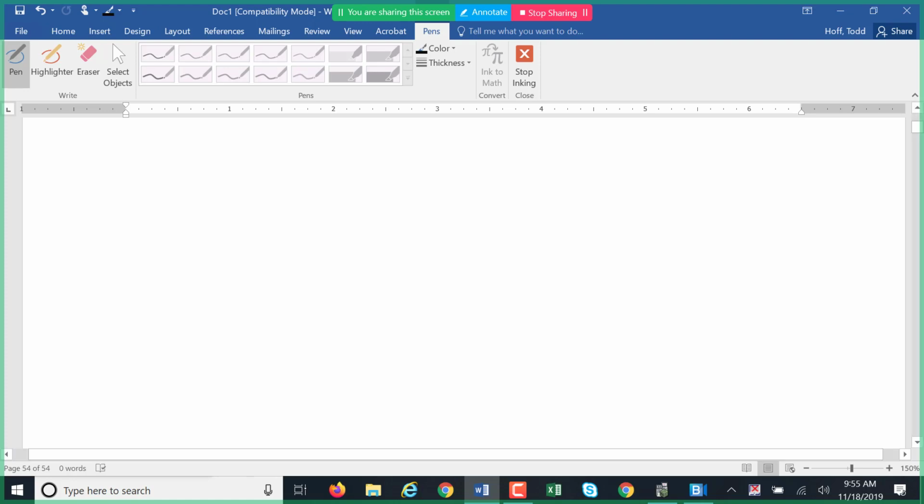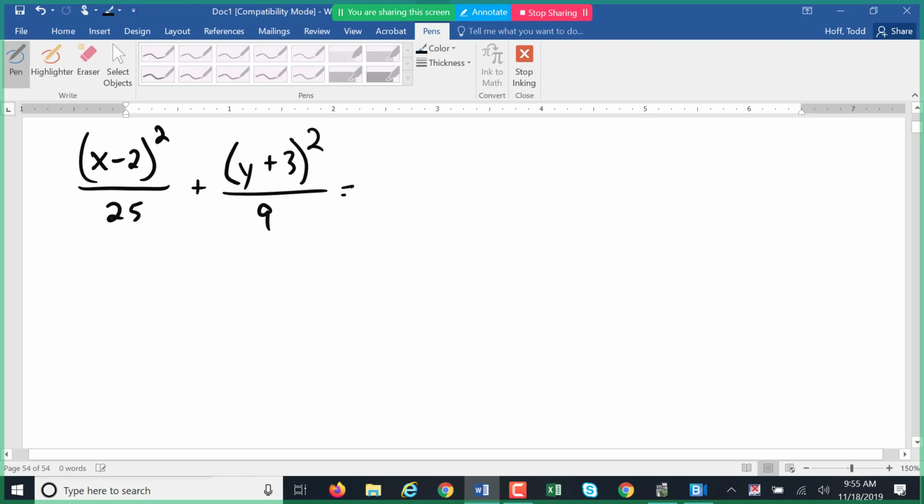So if I have (x minus 2) squared over 25 plus (y plus 3) squared over 9 equals 1, my ellipse is going to have a center at (2, negative 3).